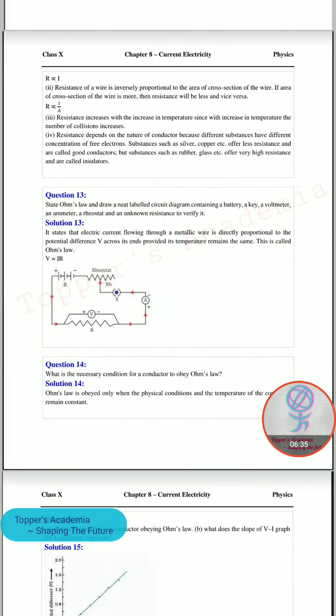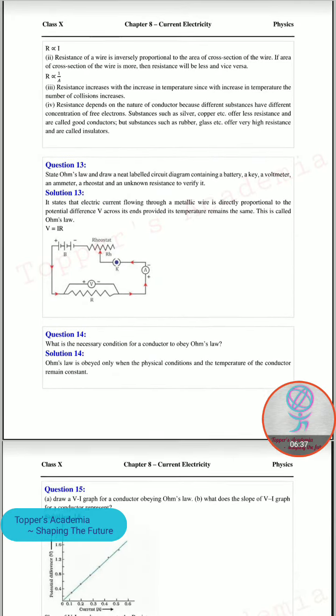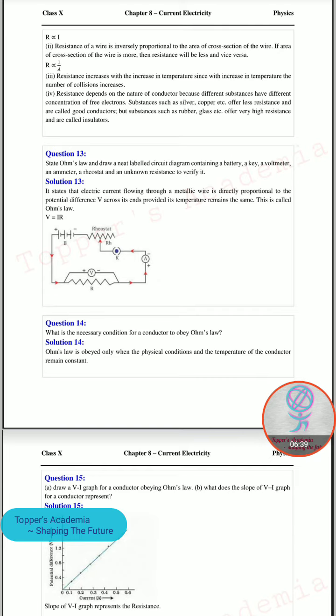Moving to question number 13, which is one of the famous and very important questions: state Ohm's law and draw a neat labeled diagram containing a battery, a key, a voltmeter, an ammeter, a rheostat, and an unknown resistance to verify it.